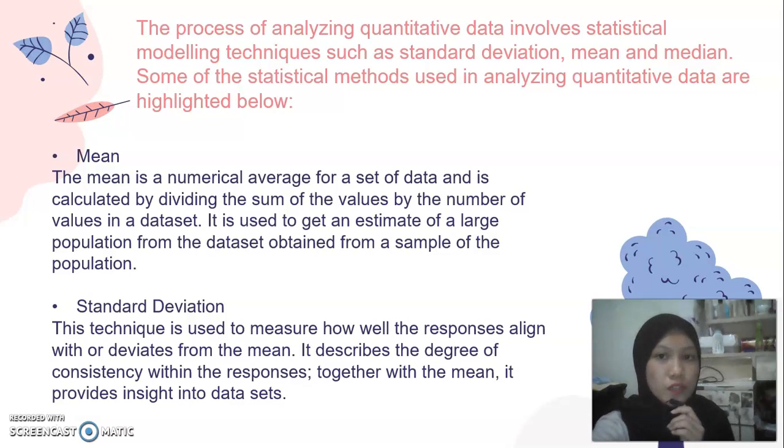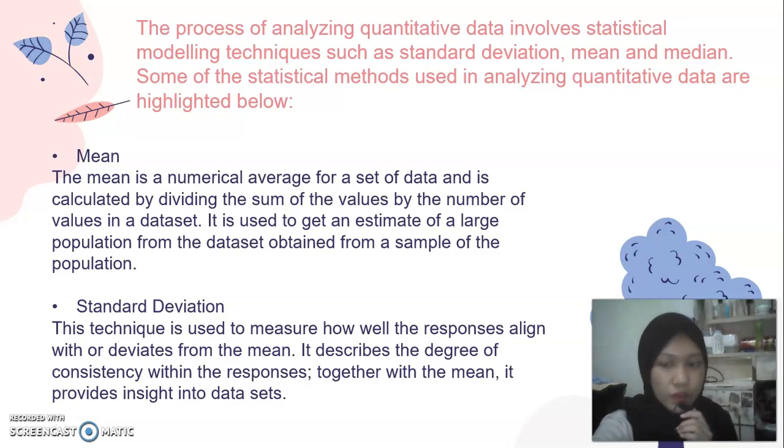The process of analyzing quantitative data involves statistical modeling techniques such as standard deviation, mean, and median. Some of the statistical methods used in analyzing quantitative data are highlighted below.